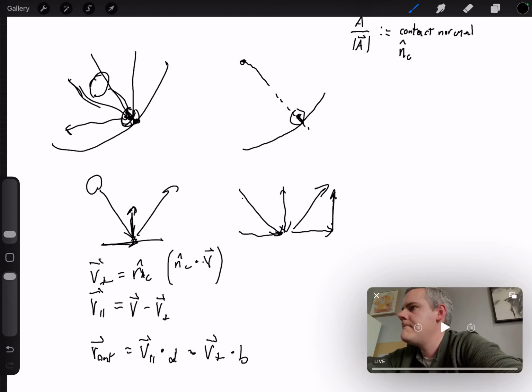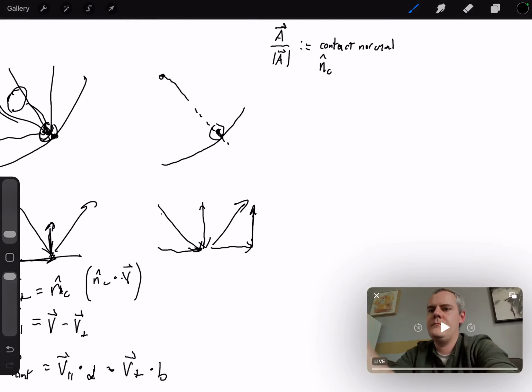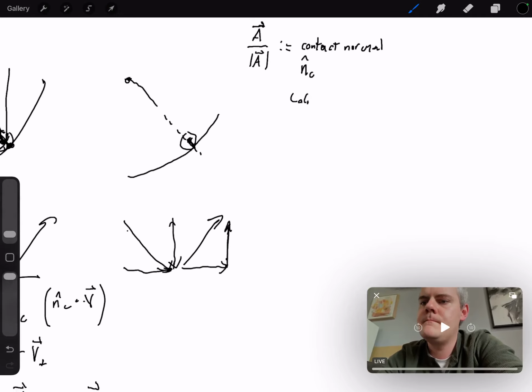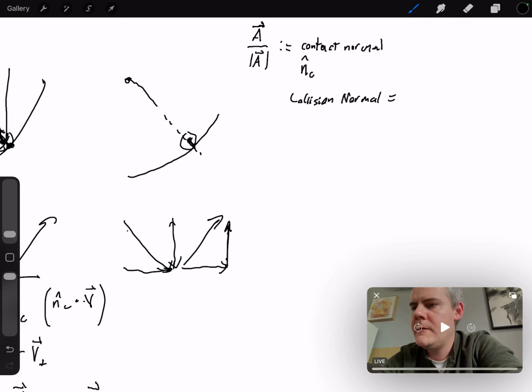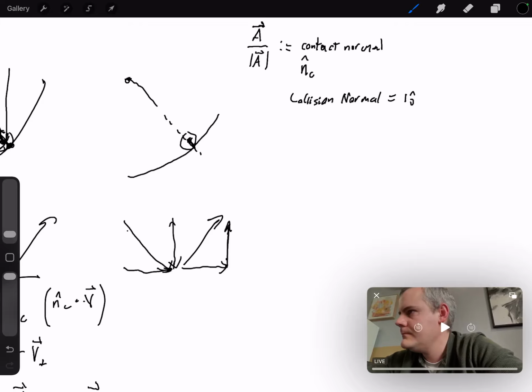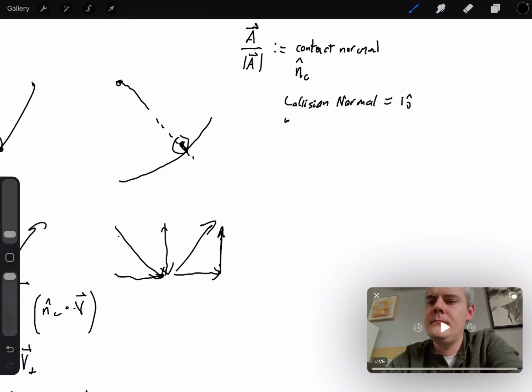Let's see here. Collision normal. 1J. Works for me. We're falling down, the collision is up. Perpendicular velocity.